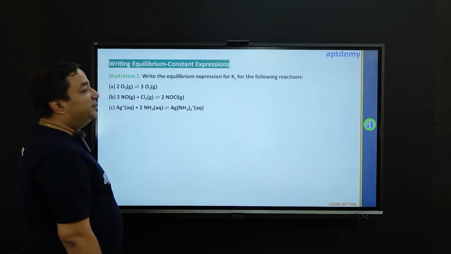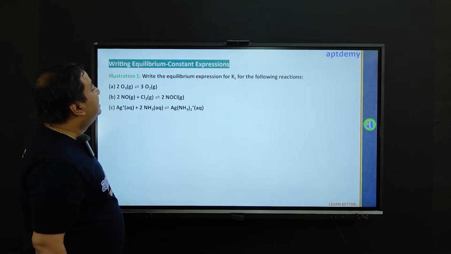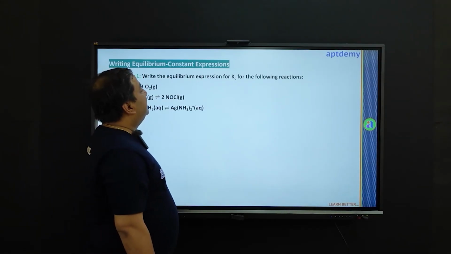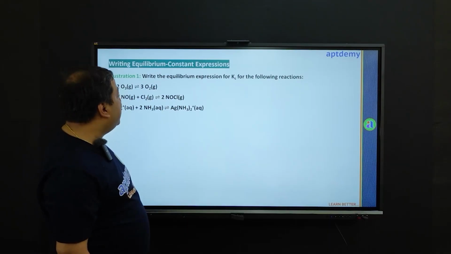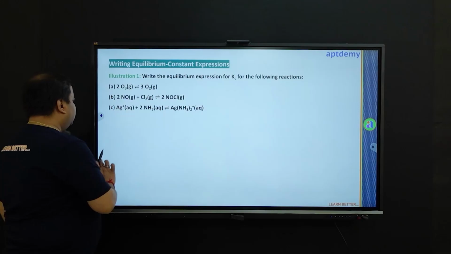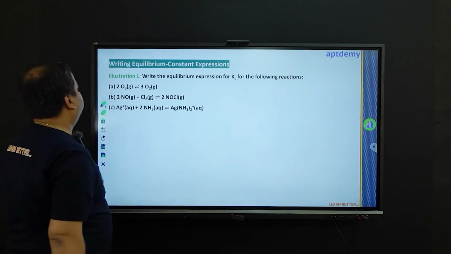Okay, so now we will extend this idea to writing equilibrium constant expressions. Illustration 1: write the equilibrium expression for Kc for the following reactions. So we have been given parts A, B, C. Let us solve.